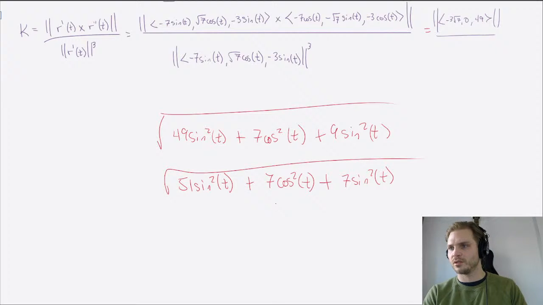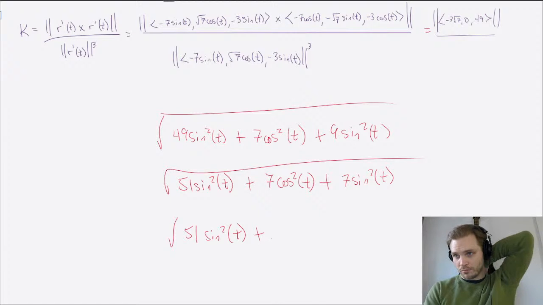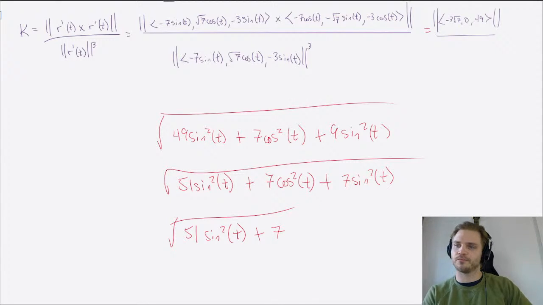And so now this is just 7. So this is a square root of 51 sine squared of t plus 7. Does that help me? No, I don't really think so.